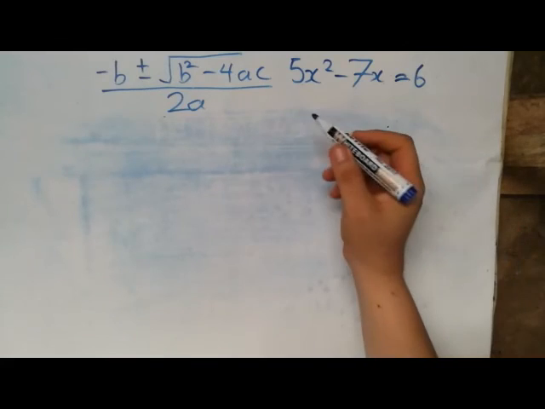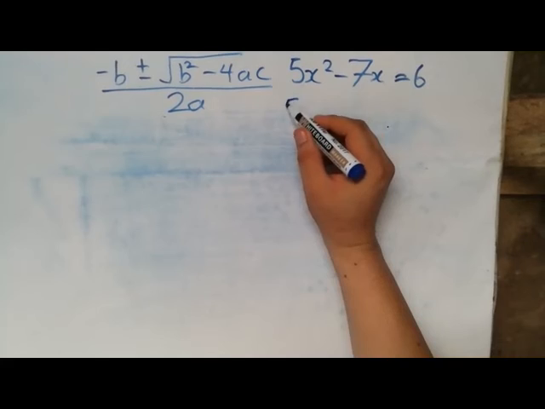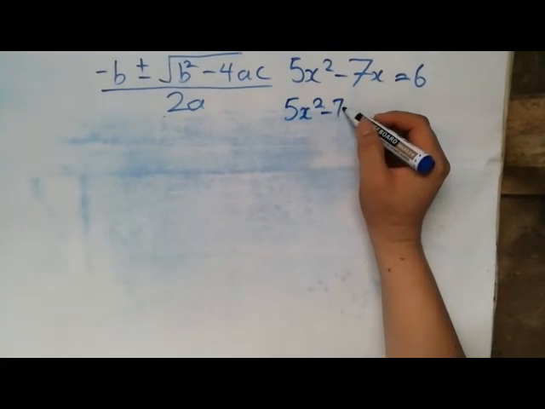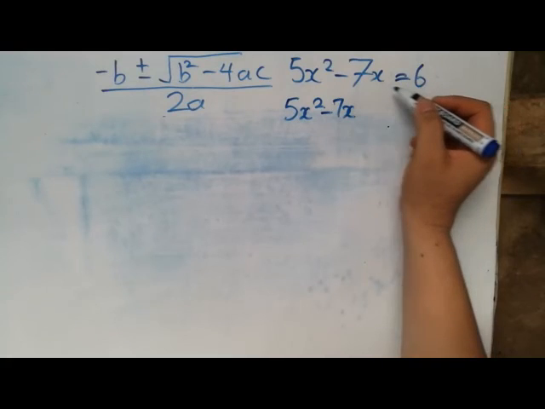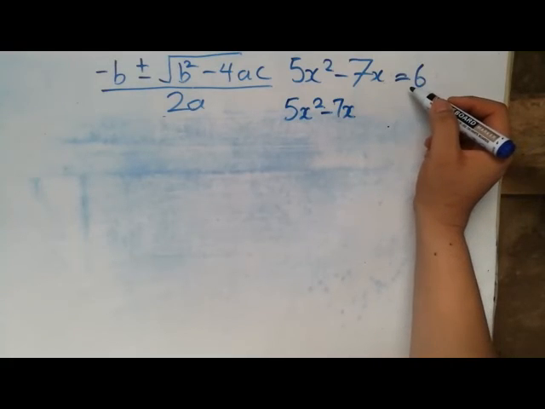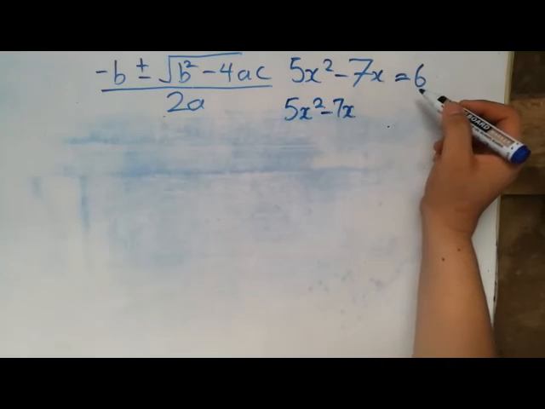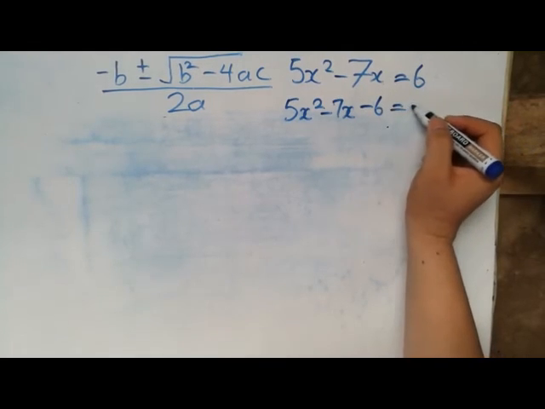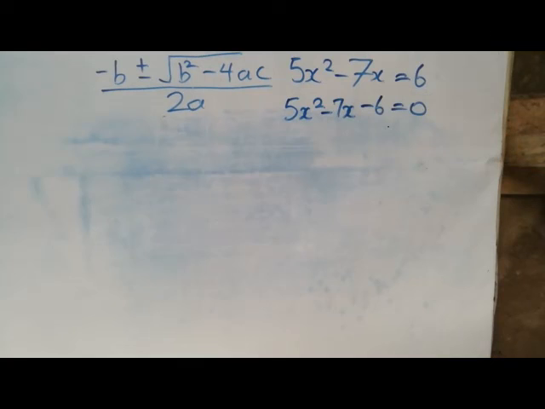All you need to do is to do 5x squared minus 7x. You bring the 6 over. Remember, this 6 is a positive 6. When it crosses the equality sign, it becomes minus 6 equal to 0. So you've succeeded in returning the question as the ones we have been solving in the past.